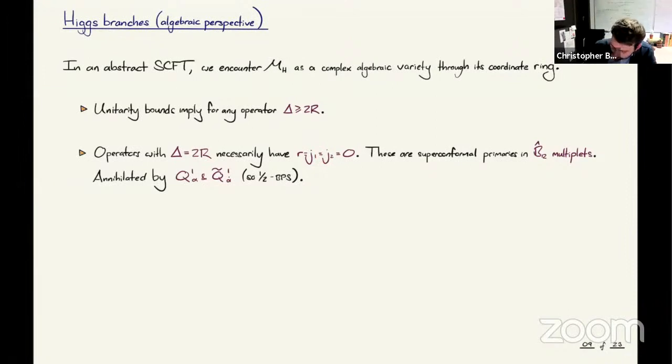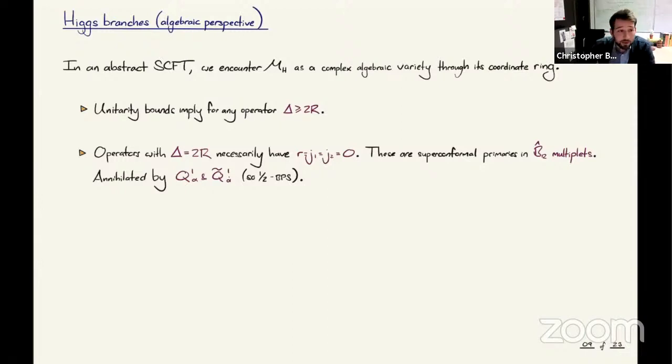Operators obeying these conditions are necessarily the superconformal primary operators in a particular type of representation that in a notation introduced by Dolan and Osborn, which is the one I like, are called B hat R multiplets, but you shouldn't worry what it's called if you're not already someone who loves superconformal representation theory.